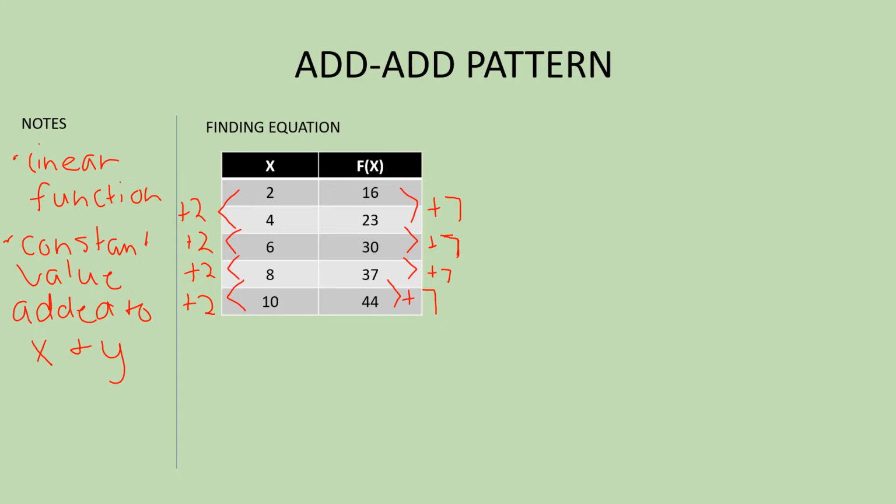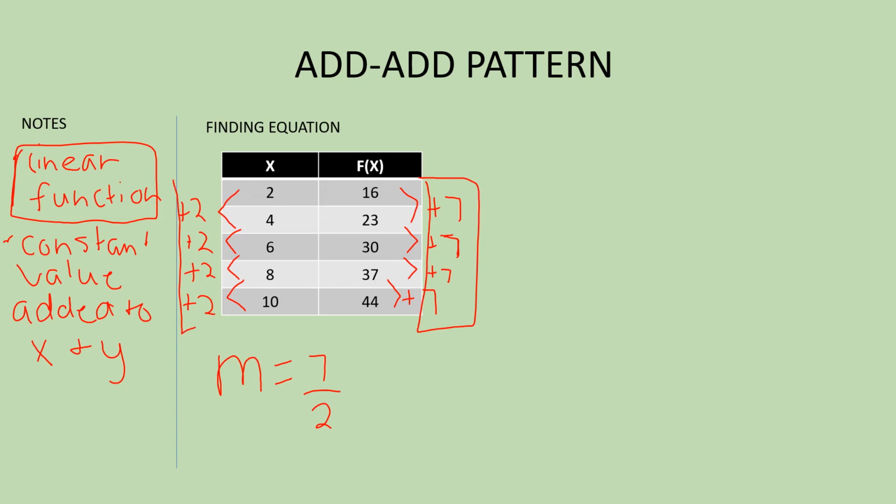Now, this is simple because we know it is a linear function. So this is going to give us, first of all, the slope. M is going to be 7 over 2 because it's the change in y over the change in x. We, of course, have the change in y over here, over the change in x over here.